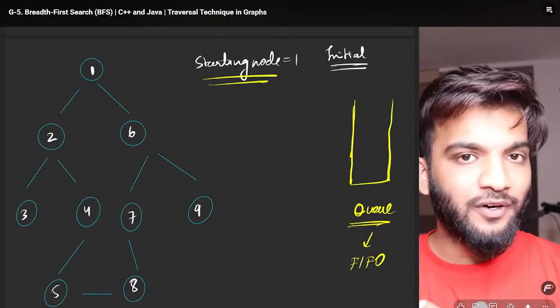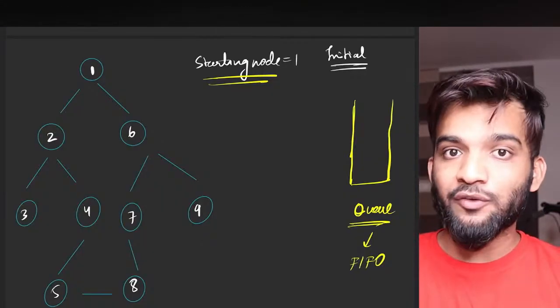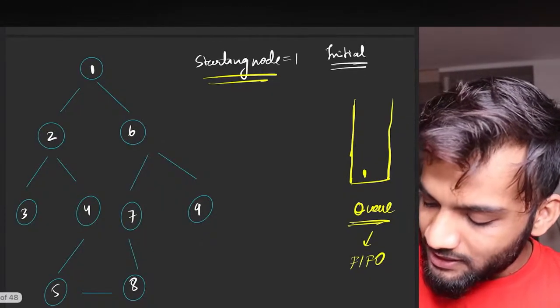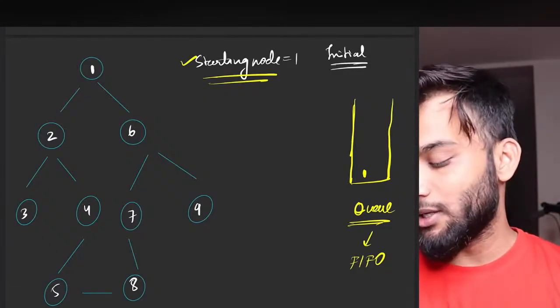The guy who goes in first gets out first. So the initial configuration says, I'm going to define a queue data structure and that will always contain this particular guy, the starting node.